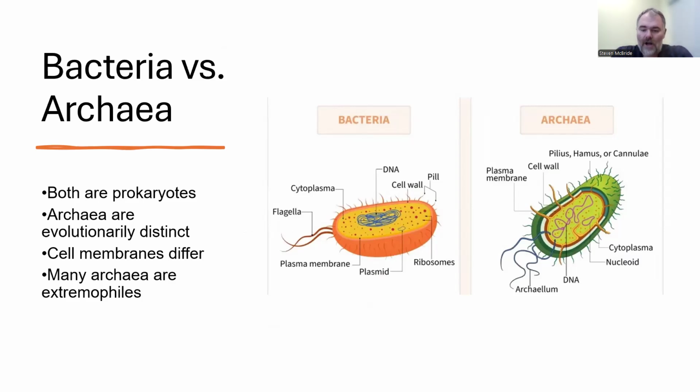Many archaea are also adapted to extreme environments, including very hot, salty, or acidic habitats. However, archaea are not limited to extreme environments. They are also common in oceans, soils, and even the human microbiome. The discovery of archaea dramatically changed our understanding of the tree of life because it revealed that prokaryotes are far more evolutionarily diverse than scientists originally realized.